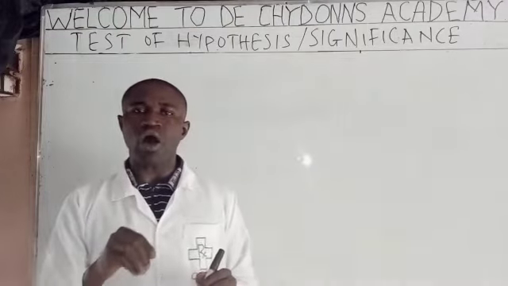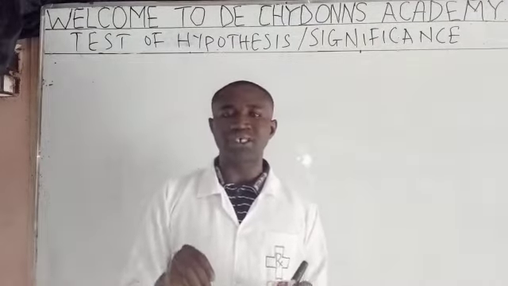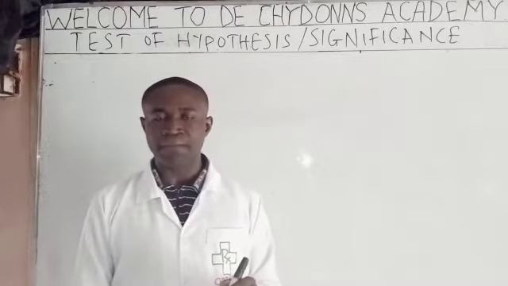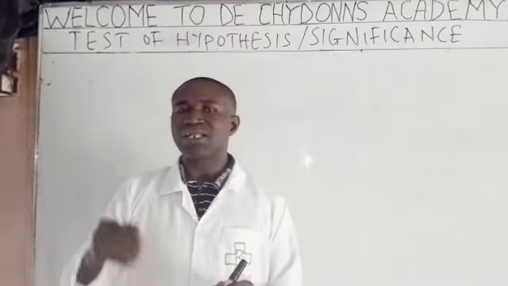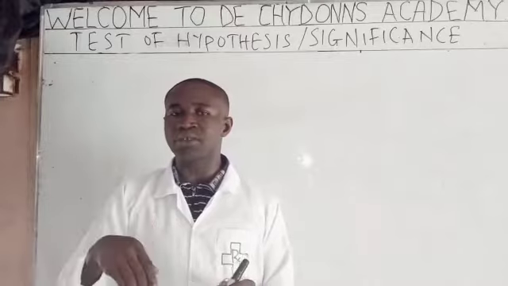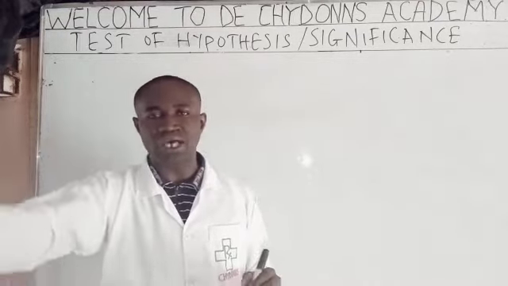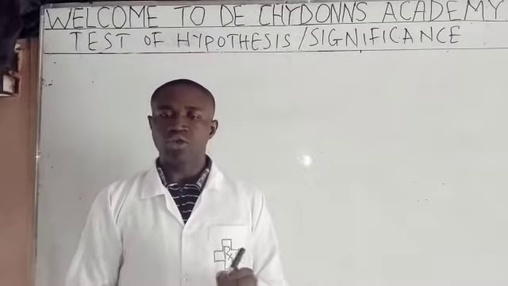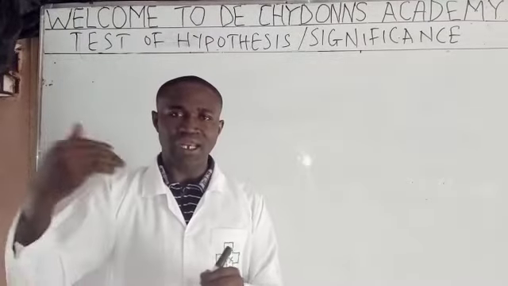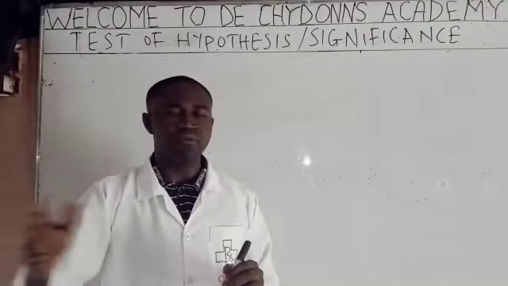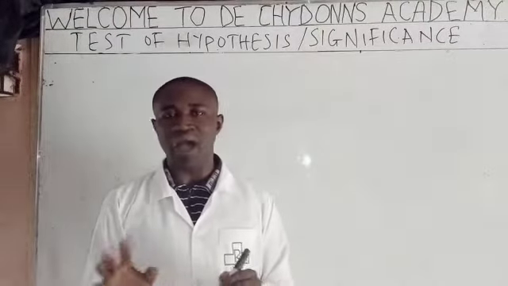So for you to call a particular hypothesis an alternative hypothesis, it means that the claim or assumption made is contradicting the already made assumption. The claim must contradict the first assumption made before you say it is alternative hypothesis.